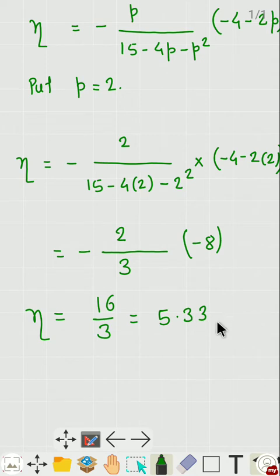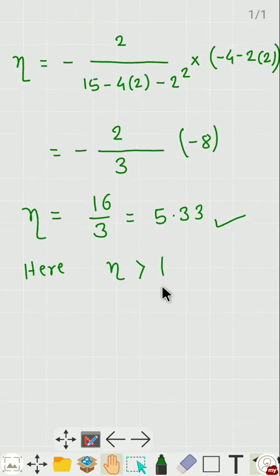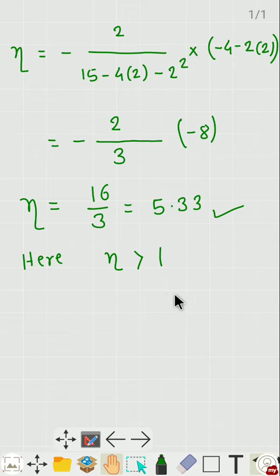Its value is 5.33, and here eta is greater than 1. Therefore our observation is that the demand D mentioned in this question is elastic.